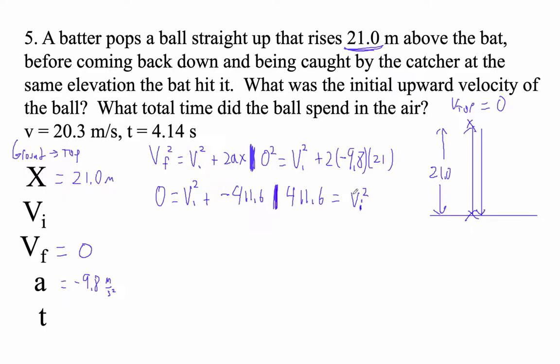We can square root this and get the absolute value of vi, right? The absolute value of vi is the square root of 411.6. So literally, I'm going to go second square root, and then the opposite of the answer. And I get 20.287.